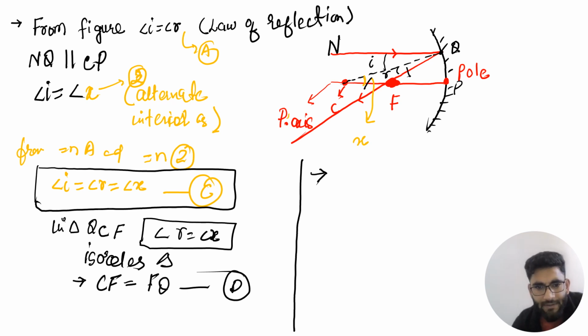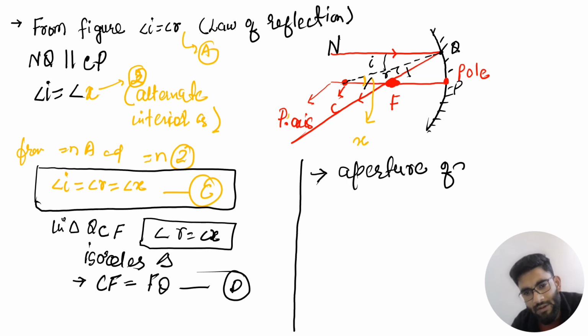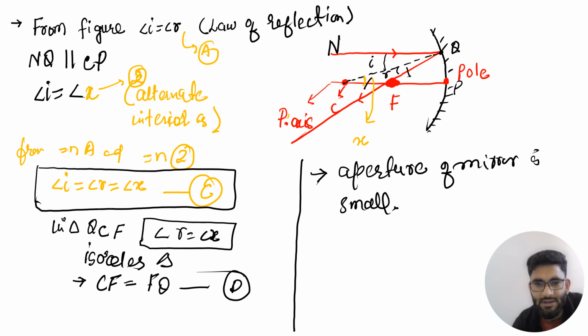Now I will make an assumption here that the aperture of the mirror is small. When the aperture is small, that means I make this concave mirror very, very small, such that the whole mirror acts like this.